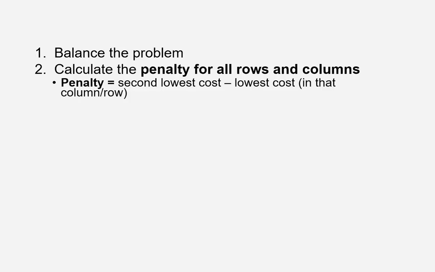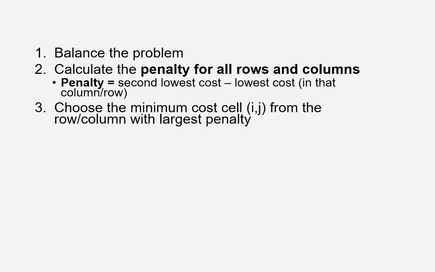For every column and for every row, you calculate that penalty. Then you start solving. Choose the minimum cost cell from the row or column with the largest penalty. So you select the row or column that has the largest penalty, then you select the minimum cost.